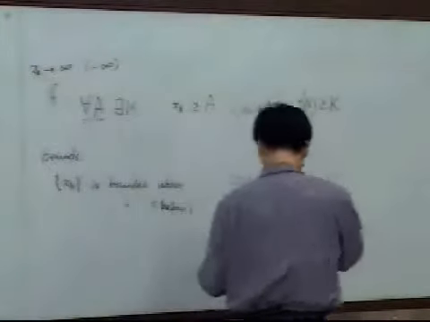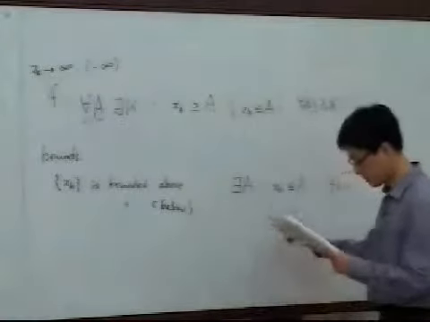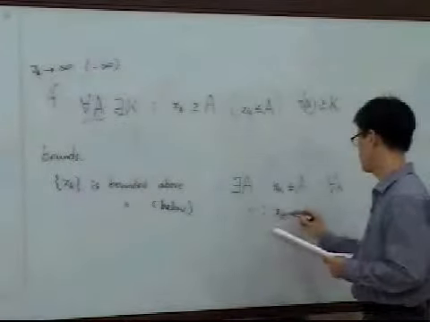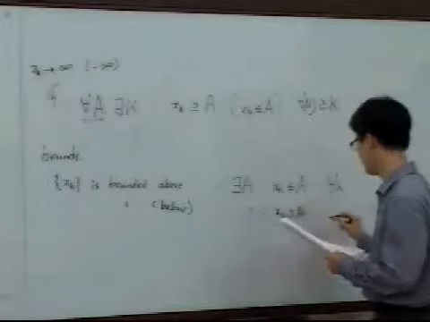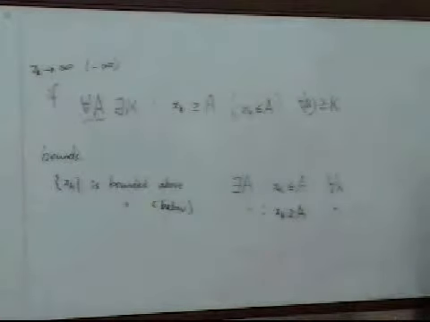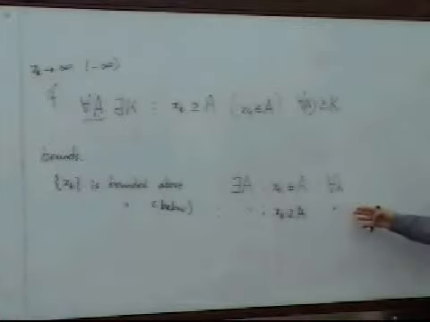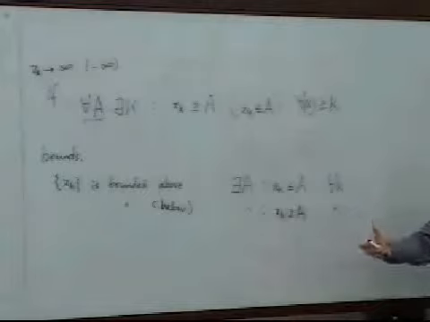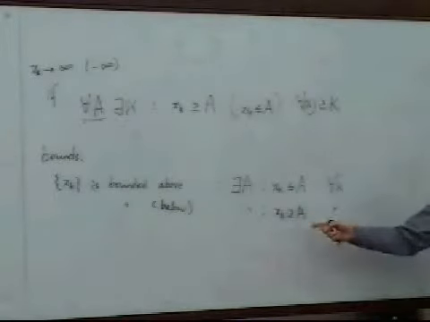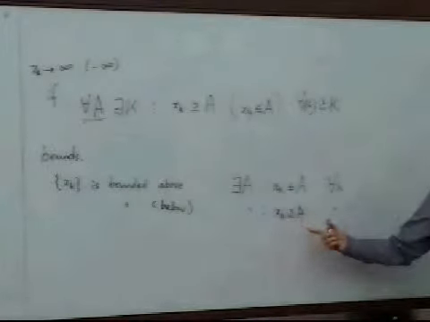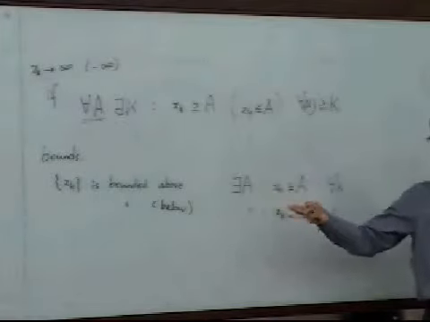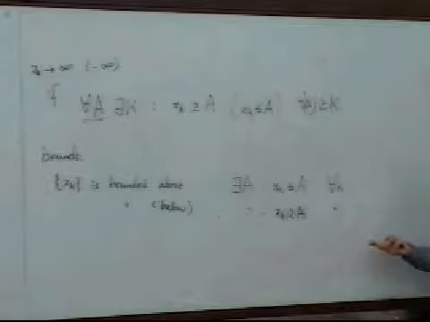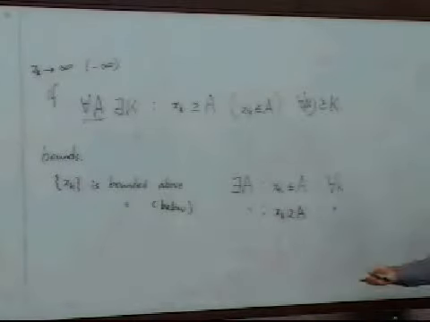Then the format is exactly the same, but this one should be like that. There exists some number a, and every element of the sequence is greater than this a, then we can call this sequence bounded below. Right? Straightforward. That's another mathematical definition.